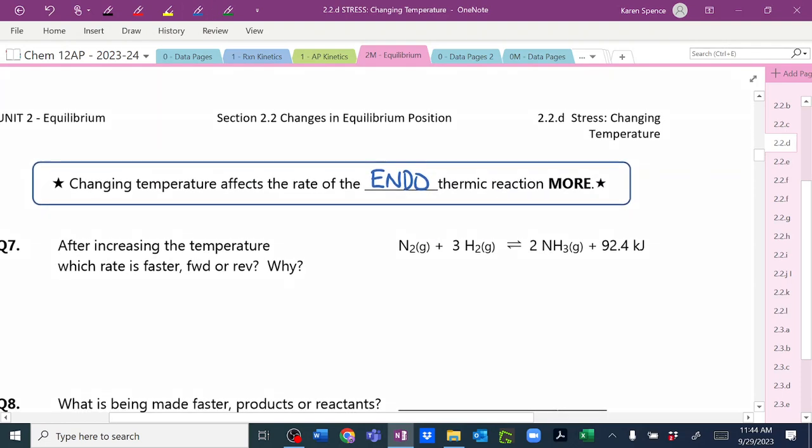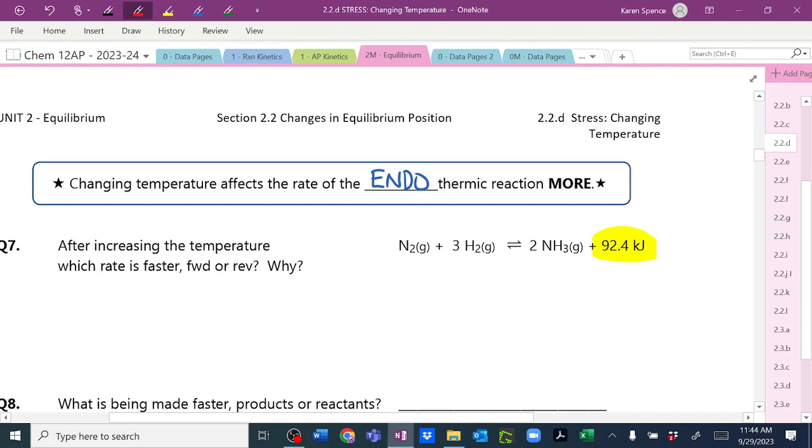After increasing the temperature, which rate is faster? So here's our heat term. I would like you to draw the new arrows above and below. What happens to both rates? Both rates increase. Which one increases more?